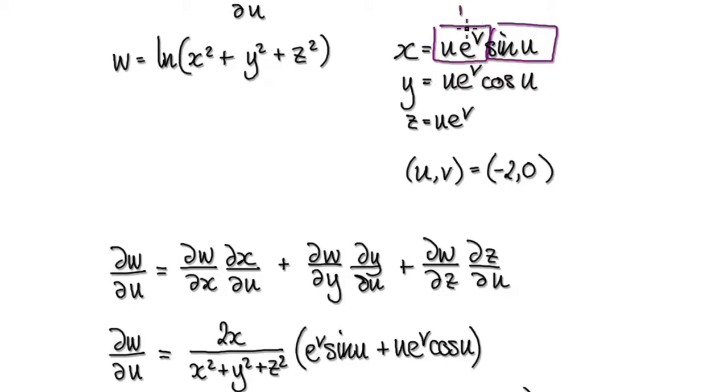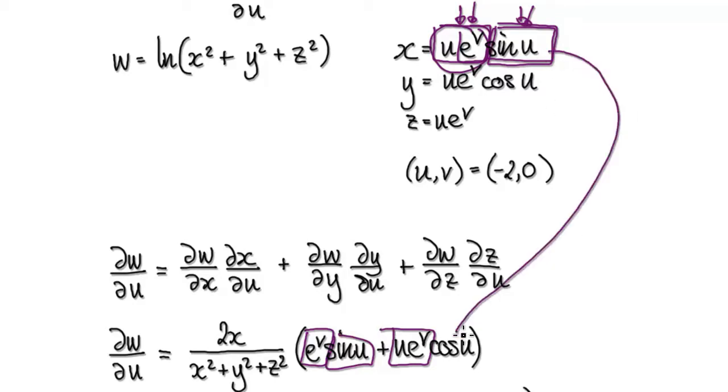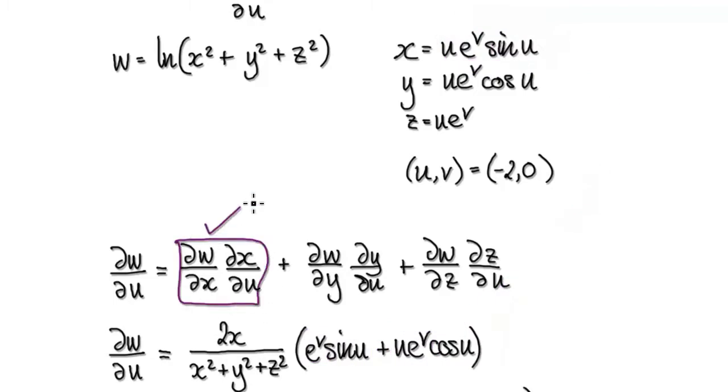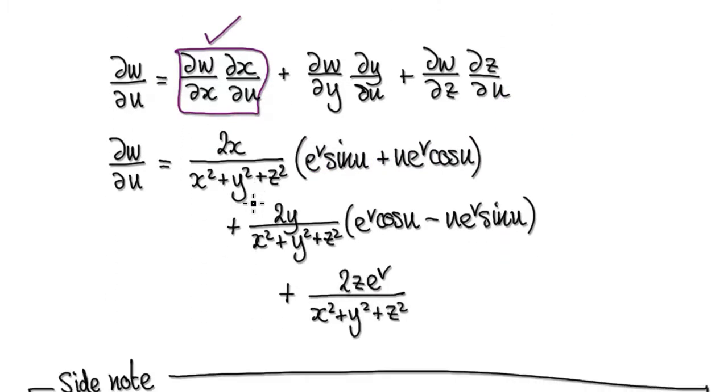The product rule is differentiate the first, leave the second alone. When you differentiate this, remember u is a variable and v is a constant, so it would just be this thing here, and then leave the second alone. The second part of the product rule is leave the first alone and then differentiate the second. That will then give you this. So that's this part taken care of, and that gives us this whole thing here.